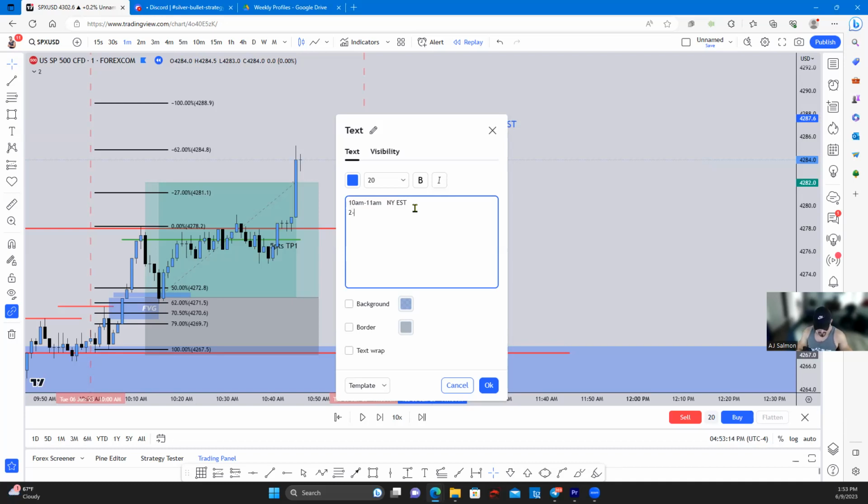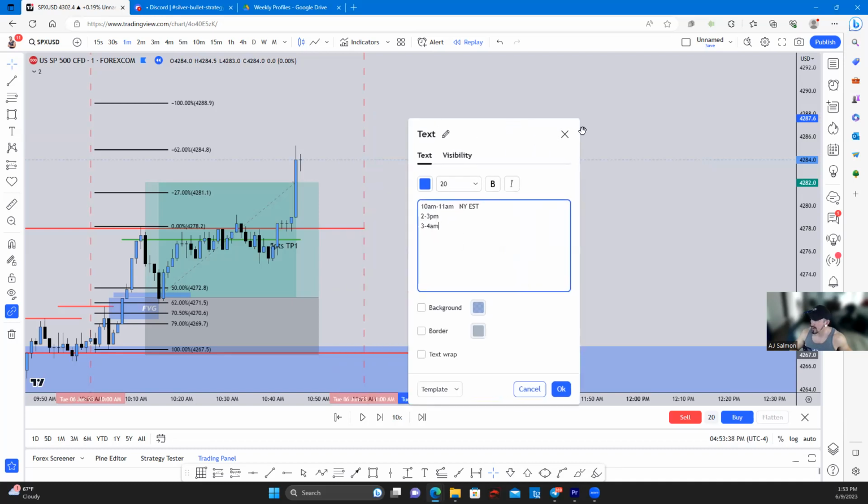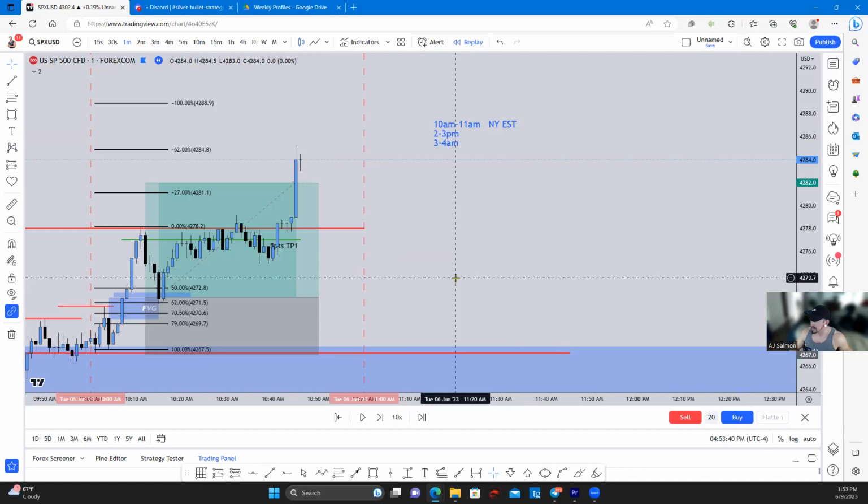That is your 2 to 3 p.m. Then you have London from 3 to 4 a.m. Okay. So you have 3 opportunities to trade. Maybe you can't get up in the morning to trade the 10 to 11 and you can trade the 2 to 3. Maybe you're in London and the 3 to 4 is better for you. So these are the times it happens.